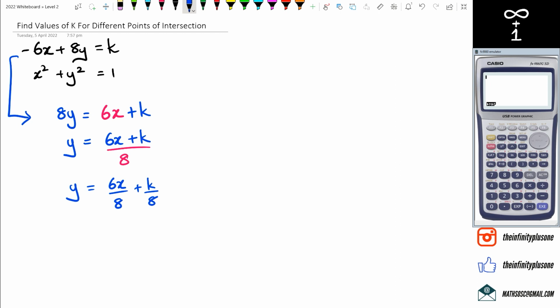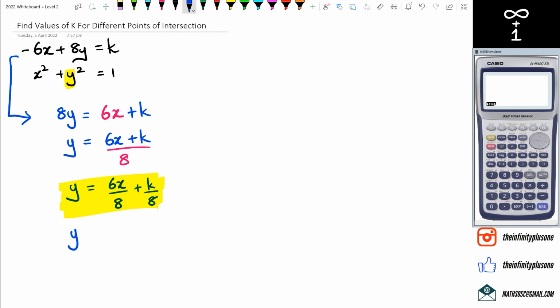Now here's the issue. I'm going to take this y, which is 6x over 8 plus k over 8, and substitute it for the y in the quadratic equation. That's going to be quite tricky, and I hate dealing with fractions, I'm not going to lie. When it comes to quadratics and expanding, as long as it's not a recurring decimal, you can work with decimals.